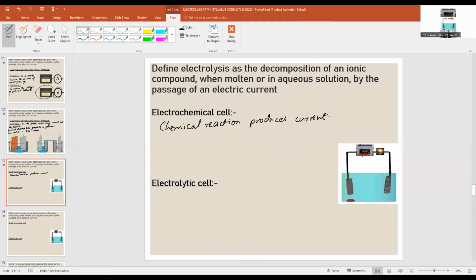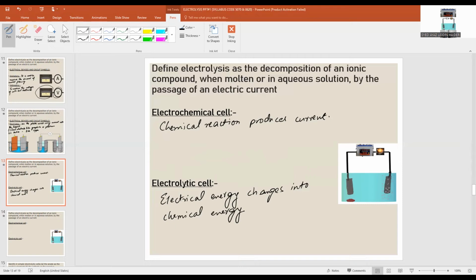On the other hand, electricity or current decomposes the electrolyte or ionic substance in the electrolytic cell. Here it's opposite to what's happening in the electrochemical cell. That's electrical energy changes into chemical energy.